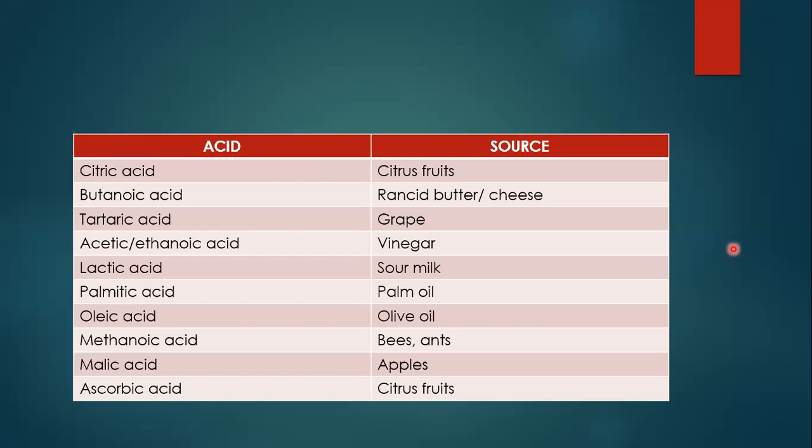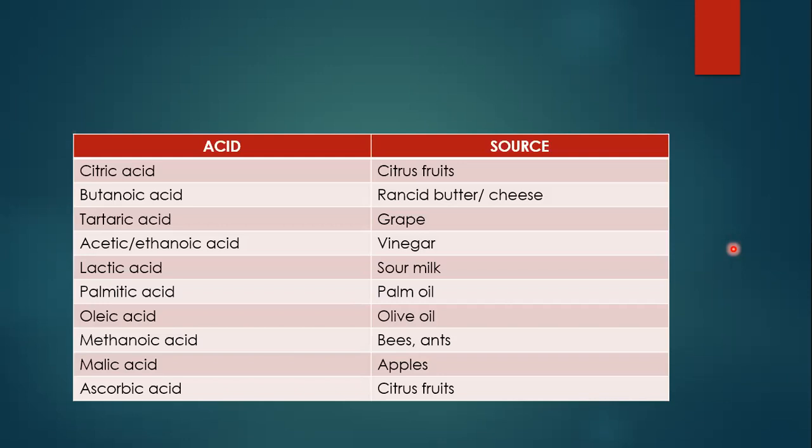A natural component of acetic or ethanoic acid is vinegar. Then five, you have lactic acid. So lactic tells you that the source is from milk or sour milk.